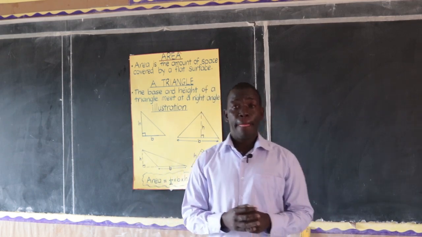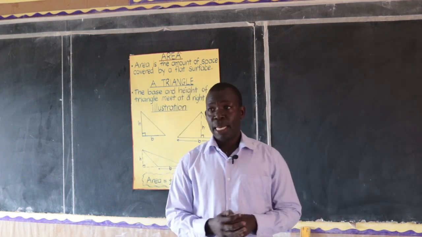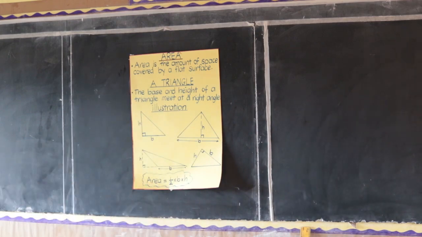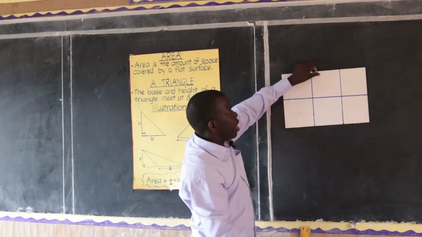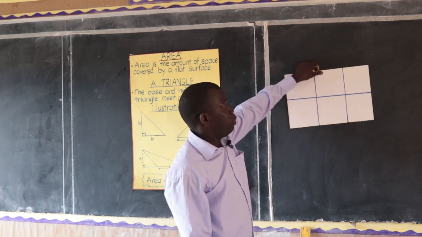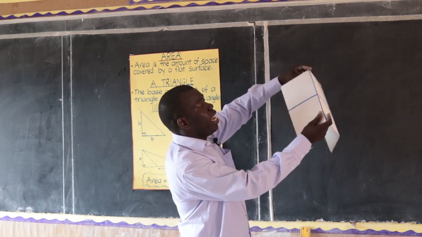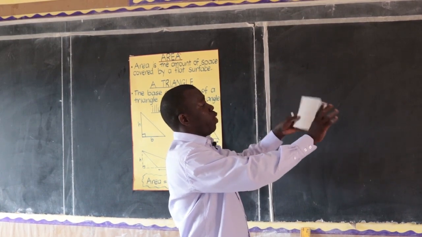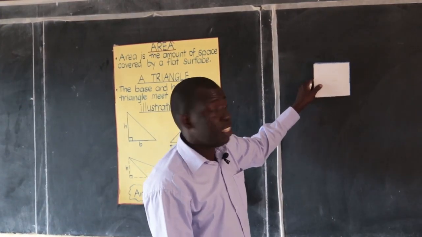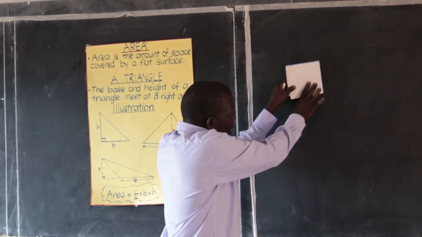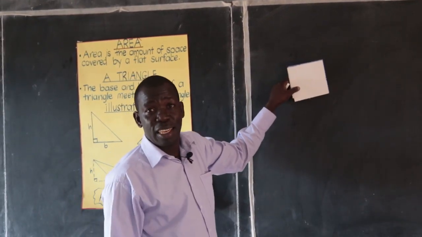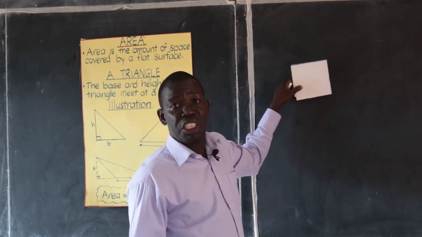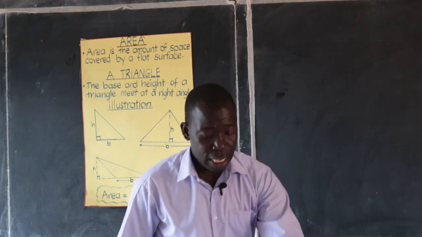Say, for example, if you cover a rectangular region, like this one, with square tiles, I have my square tiles here. This is my square tile. This is one. I covered this. If you go to units, maybe we shall come to this later.